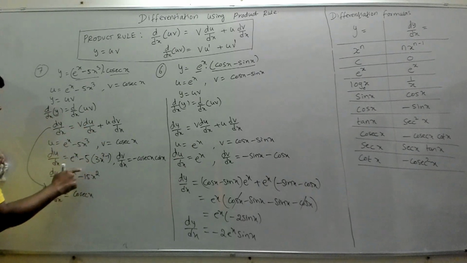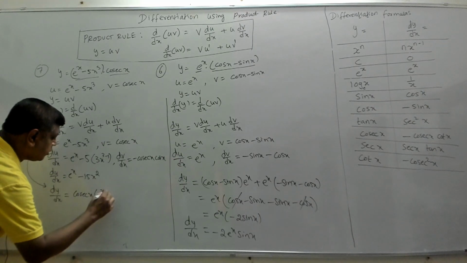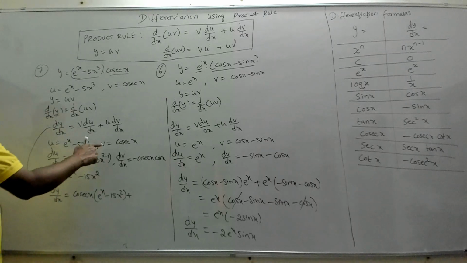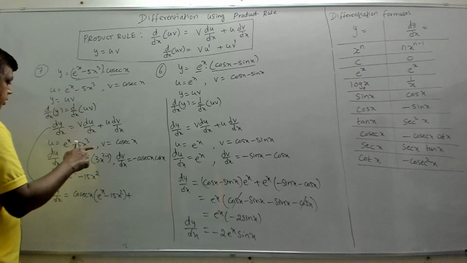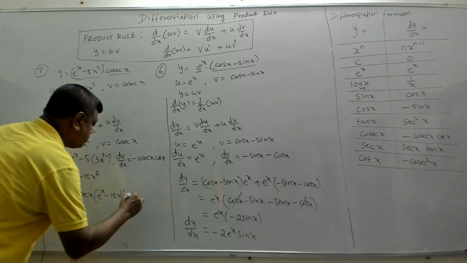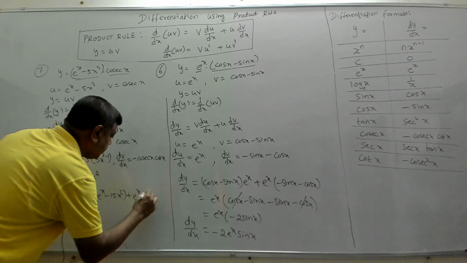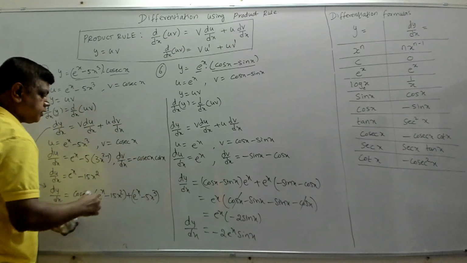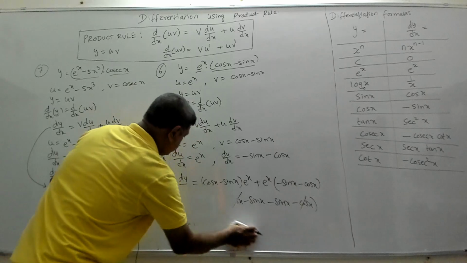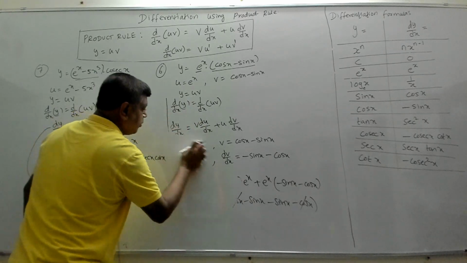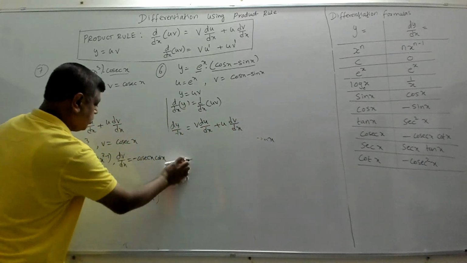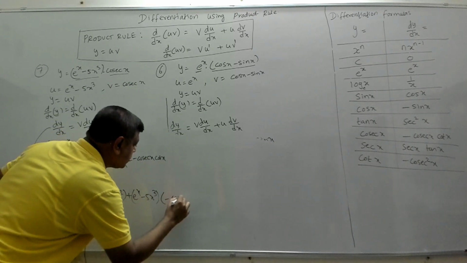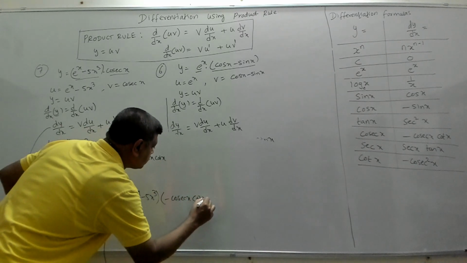Du by dx is this one, e power x minus 15x square plus u is e power x minus 5x cube, that is u, into dv by dx. dv by dx is this, minus cosecant x cot x.